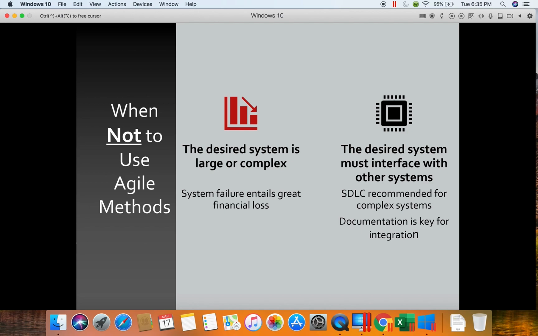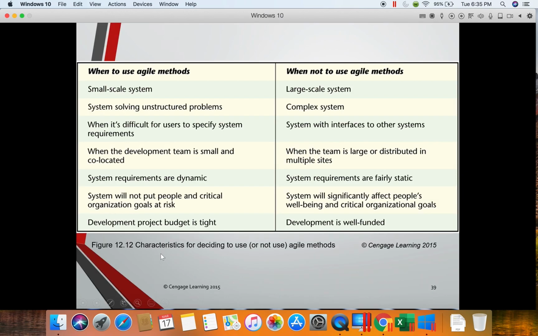So it would not be recommended for large accounting or ERP systems because they have many integrations that we have to account for. This shows you some examples of when to use Agile methods as well as when not to.